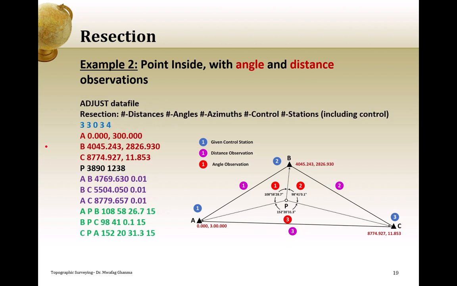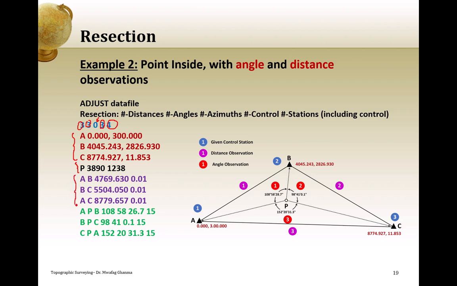So the data file for the least squares: we have 3 distances, we have 3 angles that we want to measure, 0 azimuths, 3 control points, and 4 total number of stations. So here we have the stations, the control stations. These are the coordinates given, and here is the estimated coordinates of the unknown point.